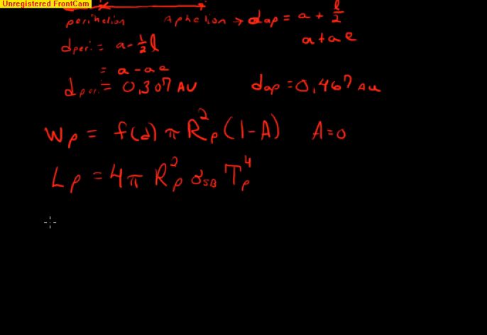Okay, it says in equilibrium, W_P is equal to L_P, the work on the planet and the luminosity of the planet.